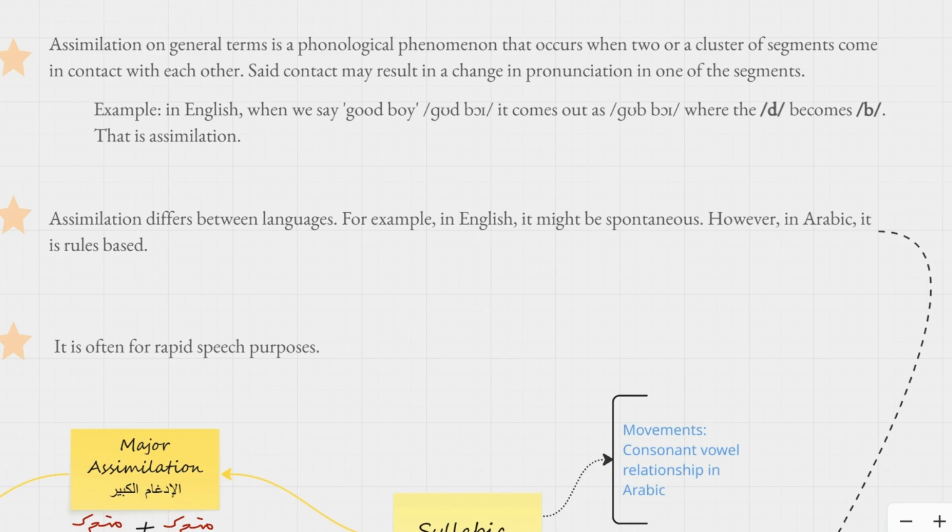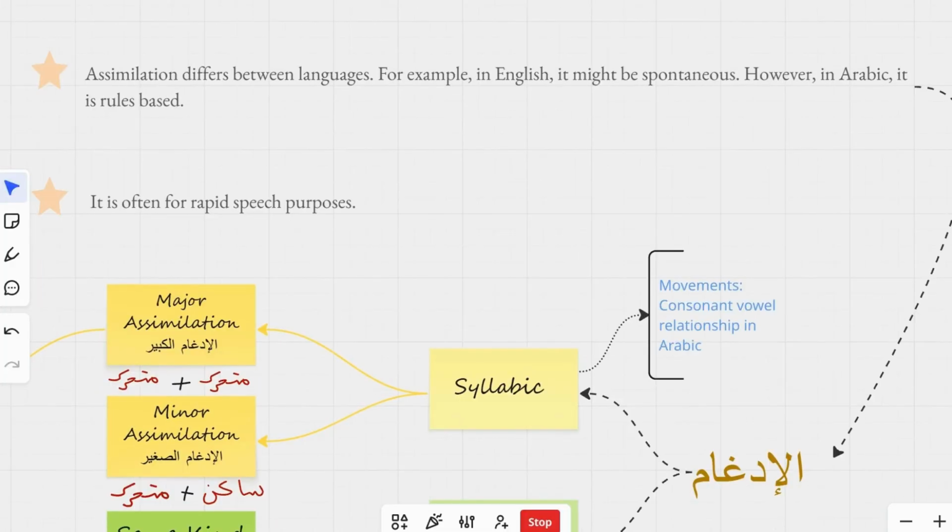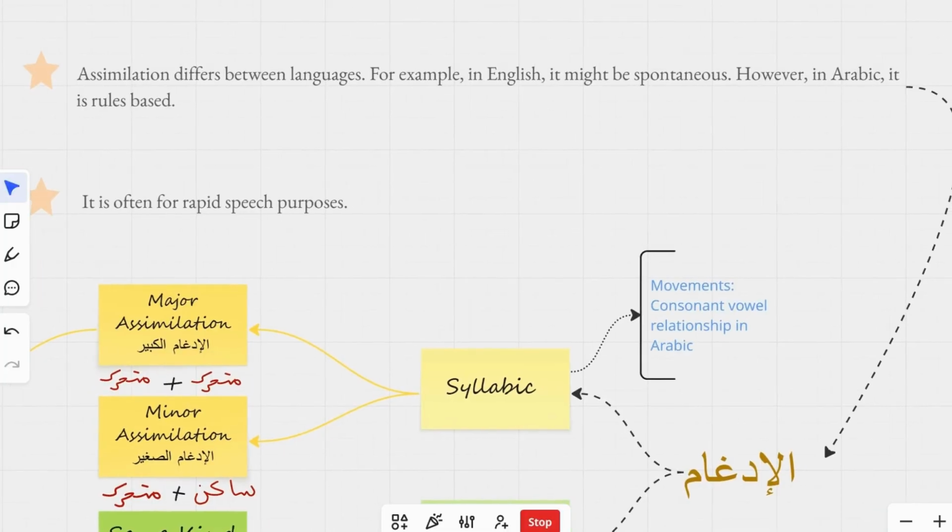That's a minor assimilation, which we will move to shortly. I just wanted to give you an image where assimilation exists in multiple languages, probably a lot of languages. The rules here are not shared, but they can be, just like the N here.